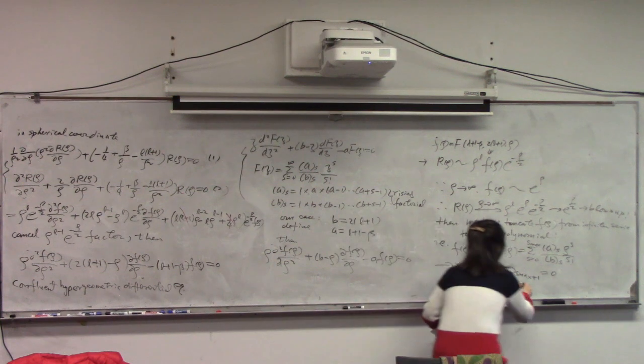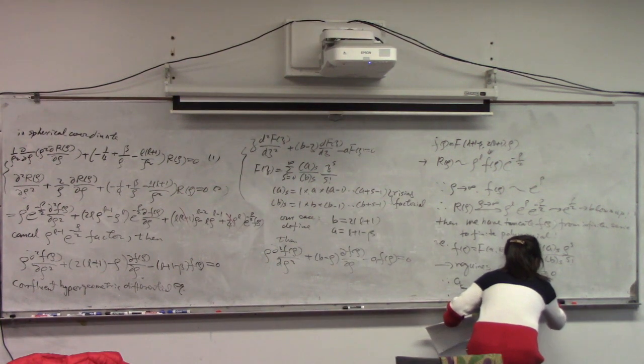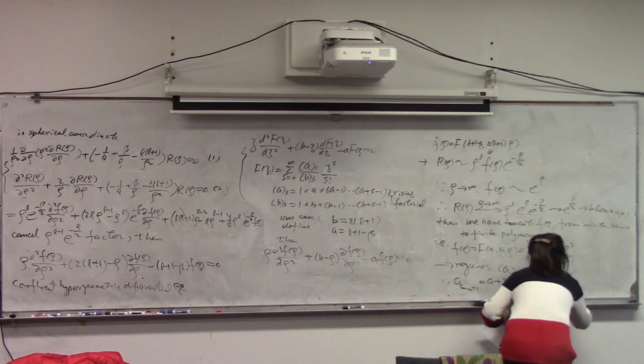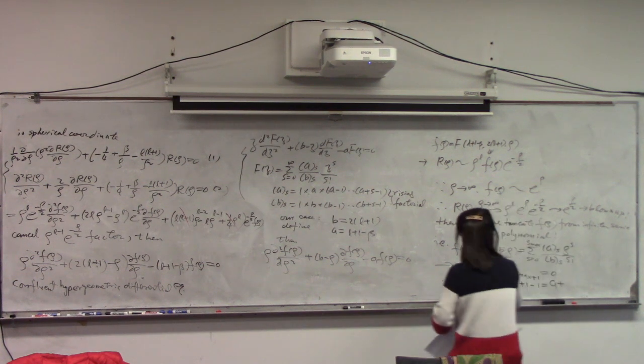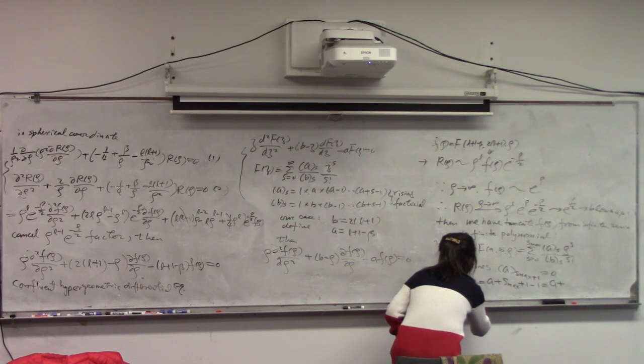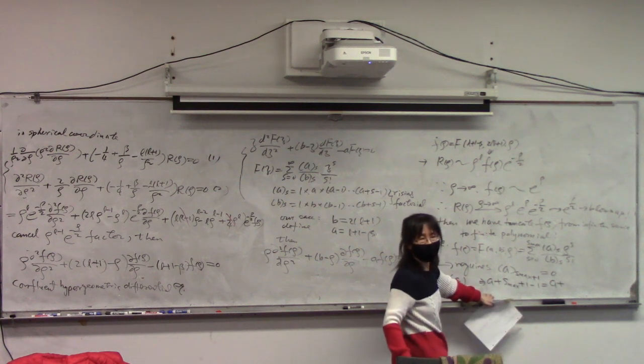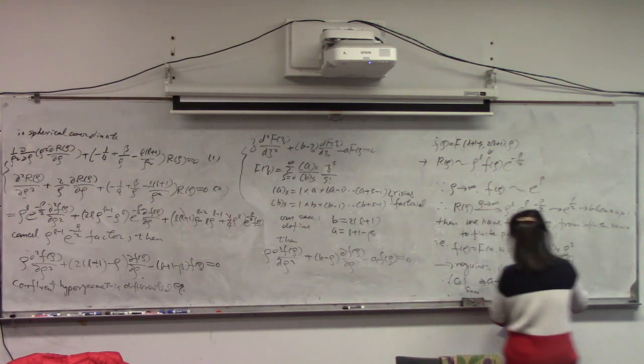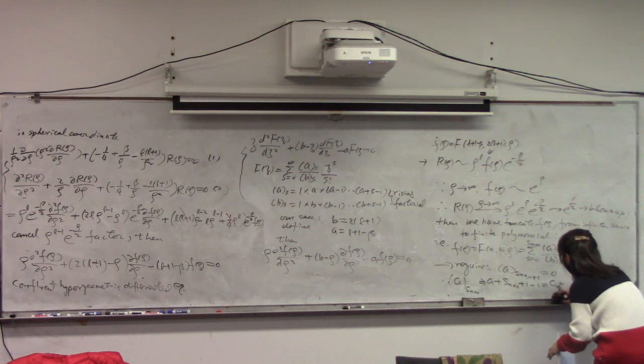Only the last term controls. The last term means this one should be equal to 0.